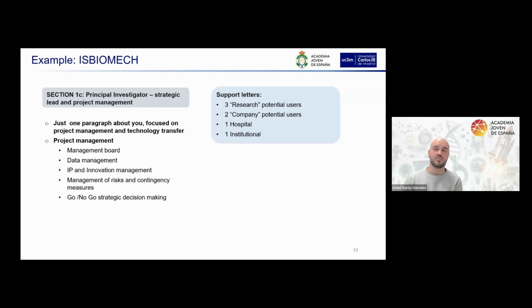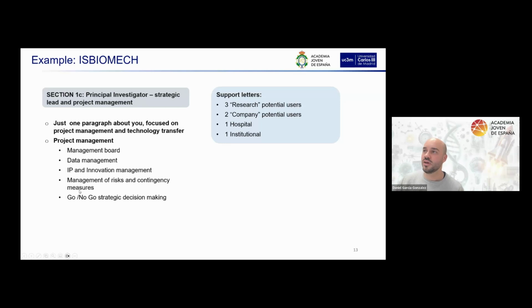You will have the support of a service in your institution that is going to help you. Then management of risk and contingency measures. And I usually link the last points together, because the people from the innovation side like this go/no-go strategic decision making.